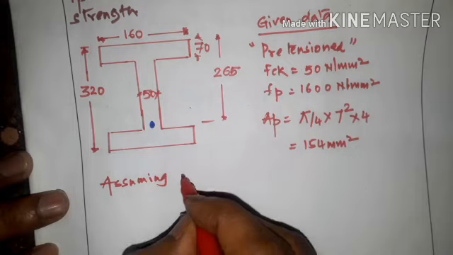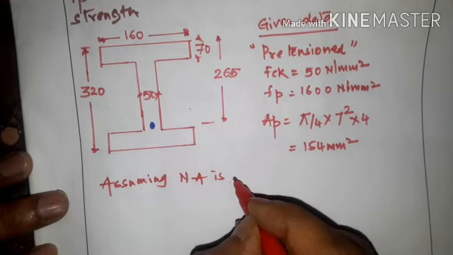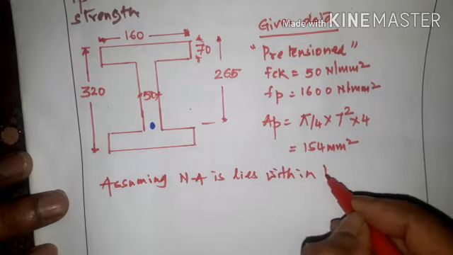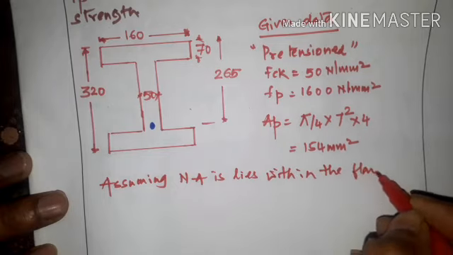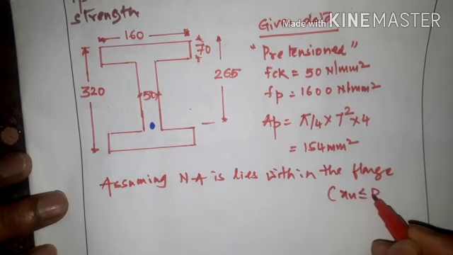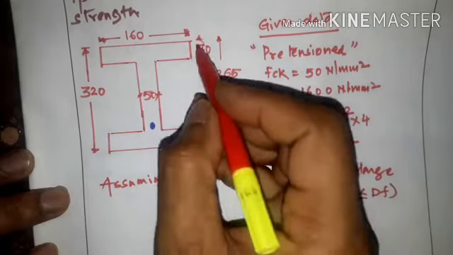So assuming the neutral axis lies within the flange, that is XU is less than or equal to DF, where DF is 70 mm.